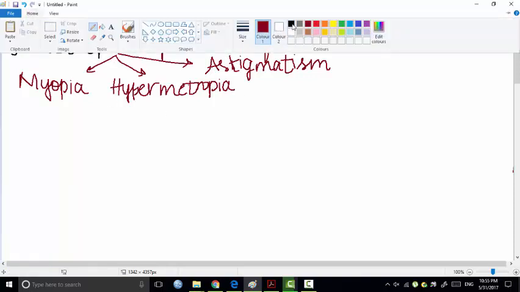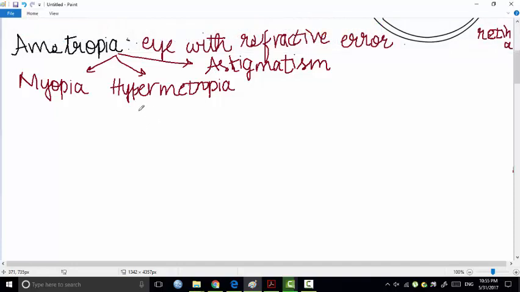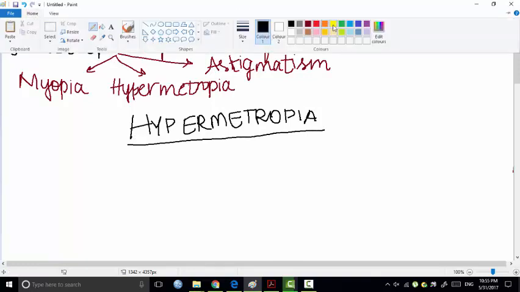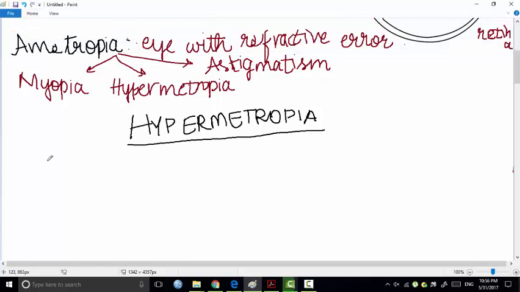So first, in today's class, let us deal with hypermetropia. What is hypermetropia? Hypermetropia is also called long sightedness.